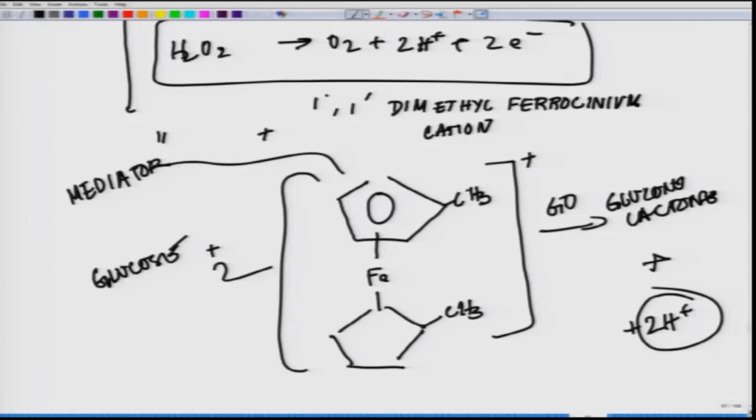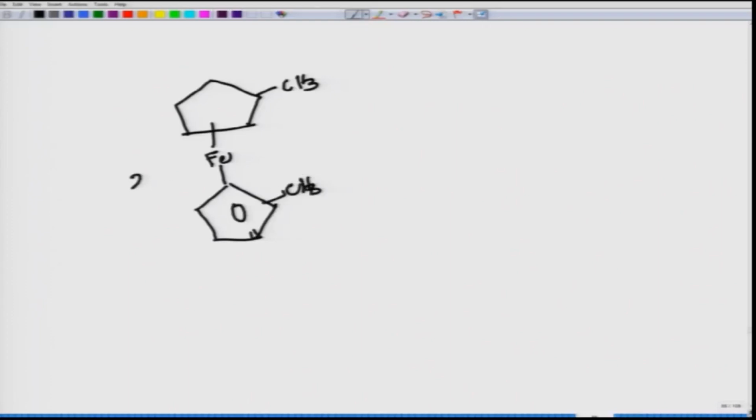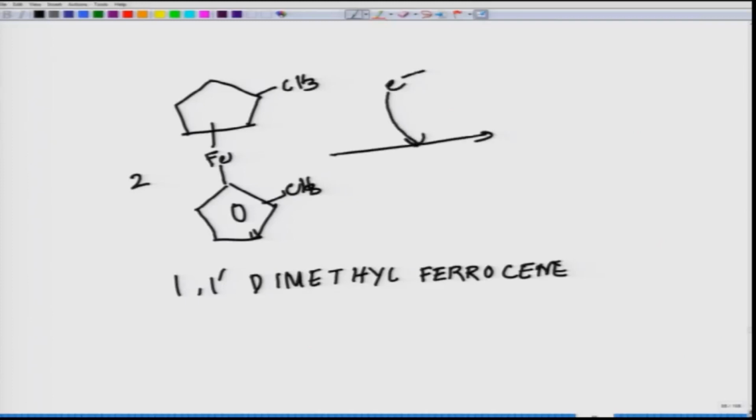The mediator consumed in the reaction is then regenerated at the working electrode. So, what is happening is that at the working electrode, the 1,1'-dimethyl ferrocene which is produced, with Fe and CH3 groups, is given an electron at the working electrode.